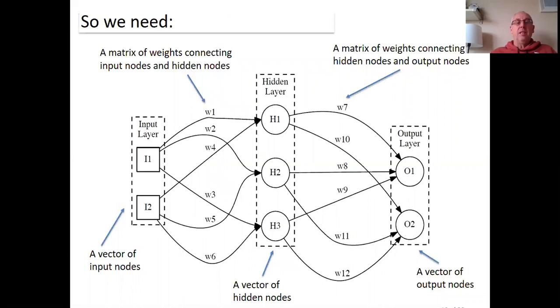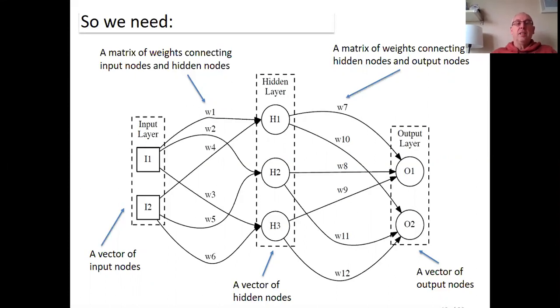And essentially what we need to start off with is a vector of input nodes, a vector of hidden nodes, and a vector of output nodes. Okay, and then for each of the connections between a node at one level and a node at the next level, we have a series of weighted connections.